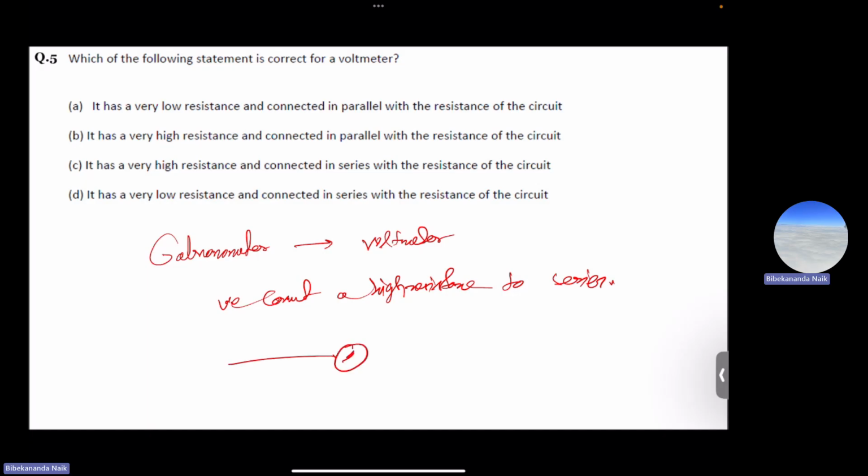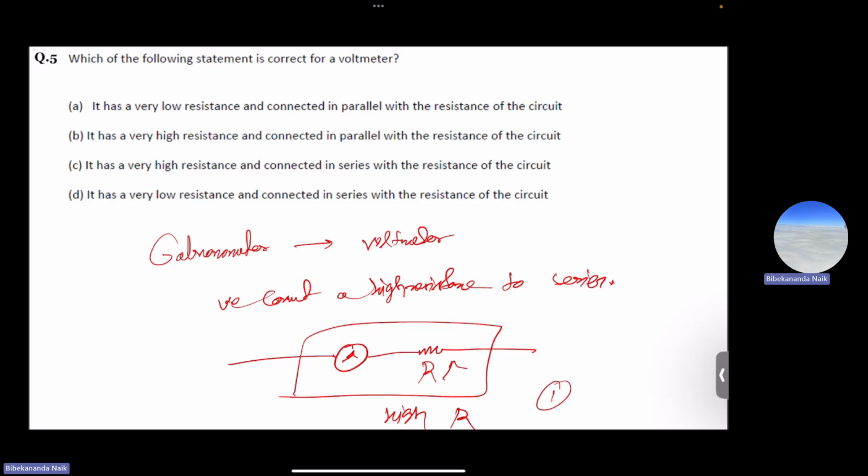This is the galvanometer and this is another resistance, so the total resistance of the voltmeter is high, because this R is quite high. So one thing is clear, the voltmeter resistance is high. Now the question is whether the voltmeter is connected in series or in parallel.